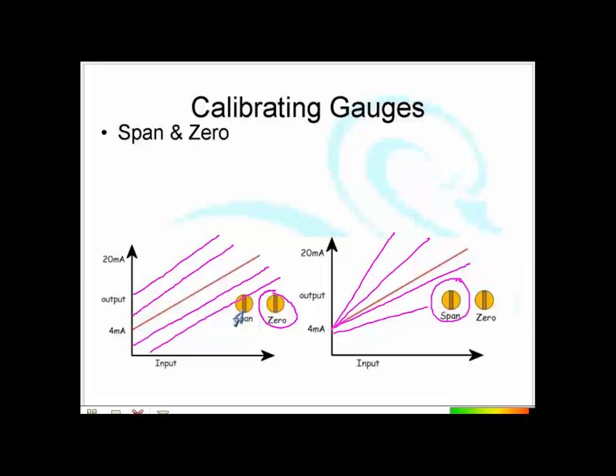You'd adjust the 0, you'd adjust the span, and you went backwards and forwards doing this until either it read well or you got bored. Whichever came first, really. You could go backwards and forwards doing this for hours and hours on end, but mostly you didn't.